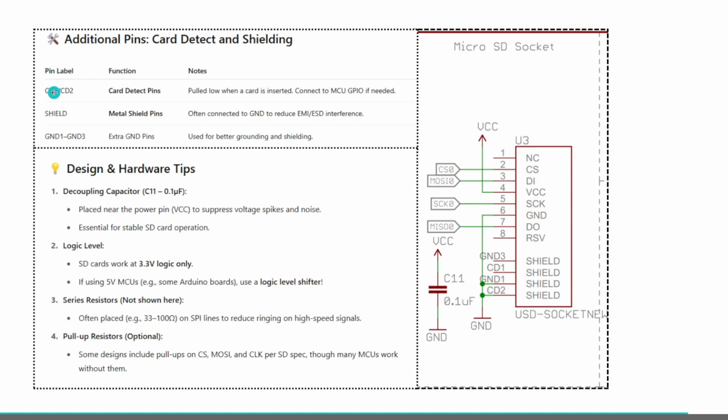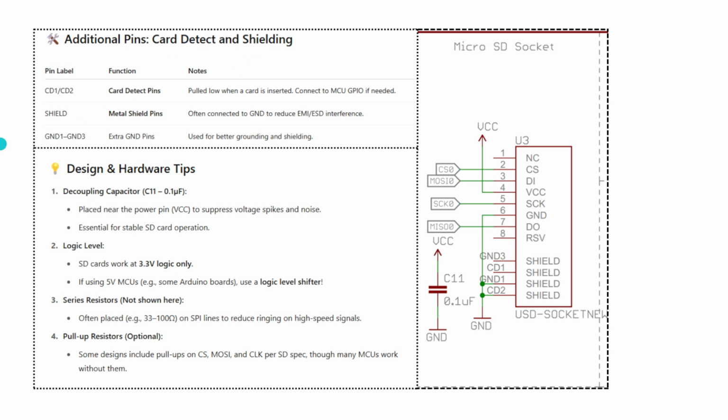So here you have card detect and shielding, CD1 and CD2, which is pulled low when a card is inserted and connected to the MCU GPIO if needed. And shielding is basically the housing of the whole socket. It is always grounded, so the shields are connected to ground.